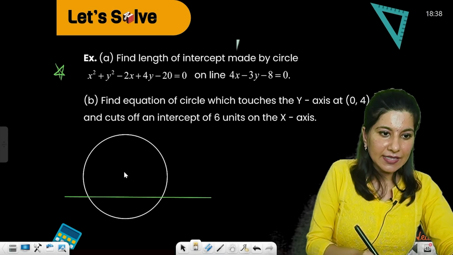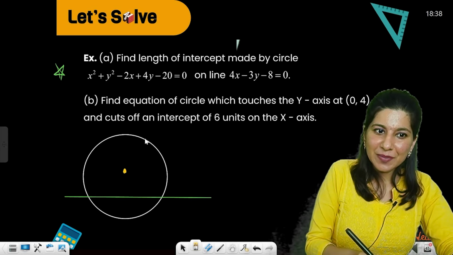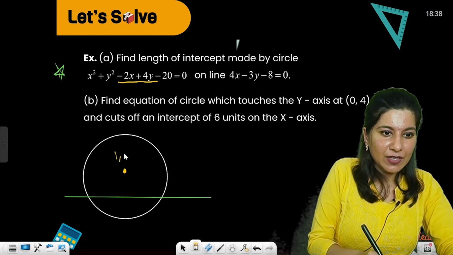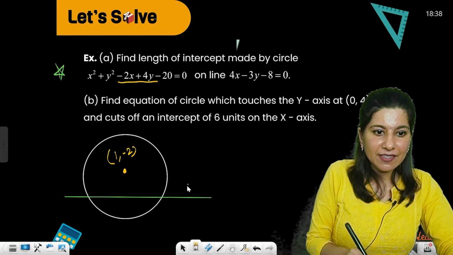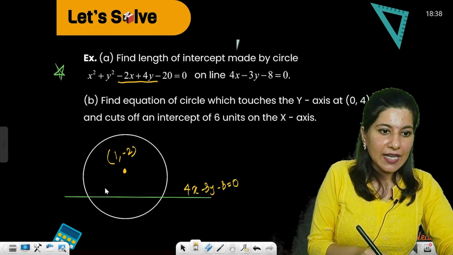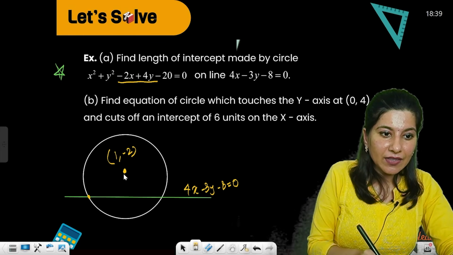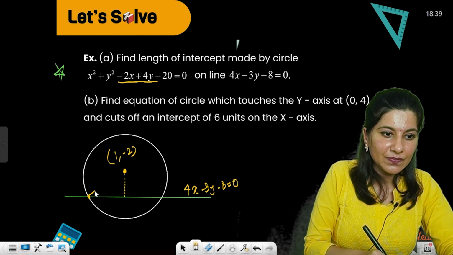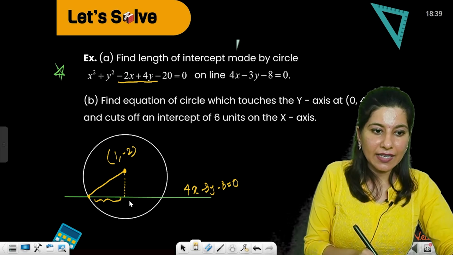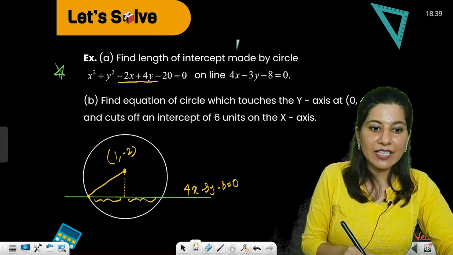Then this is the center. Can you calculate the center for me? So the center will be 1, minus 2. Okay, 1, minus 2. This line is 4x minus 3y minus 8 equals 0. And radius. Can you calculate the radius for me as well? You're looking for this length. Okay, and double of this length will give you the intercept.